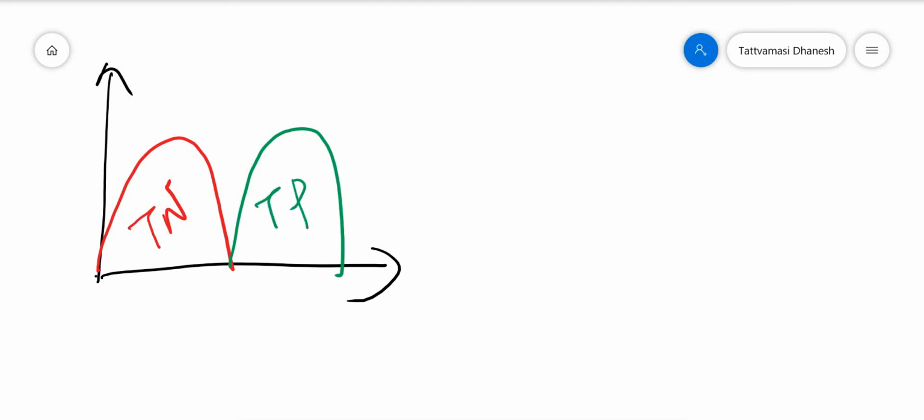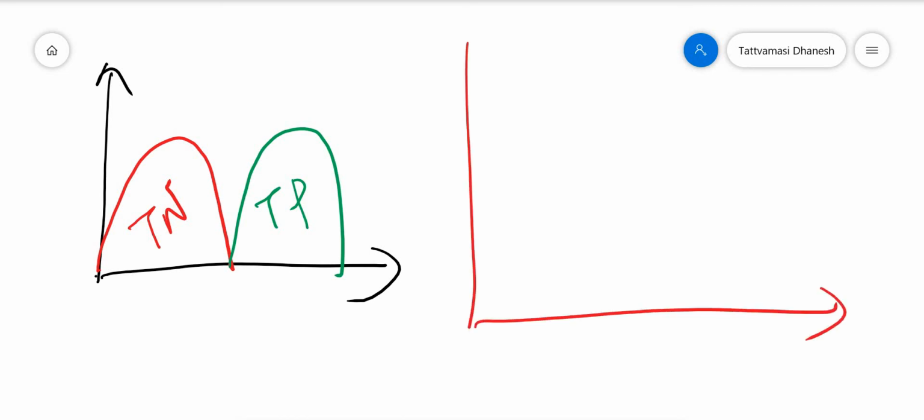So the classification is excellent. It is purely separated. When you plot this graph, you will get the curve like this. Here you have taken the true positive rate, and here you have taken the false positive rate. When you plot this graph, you will get the graph like this.